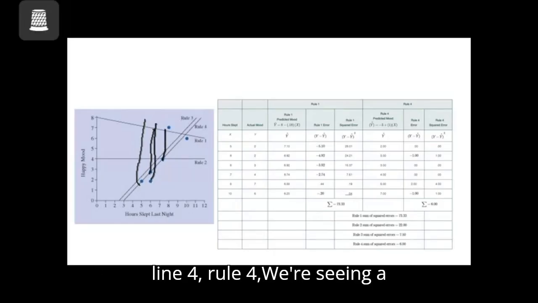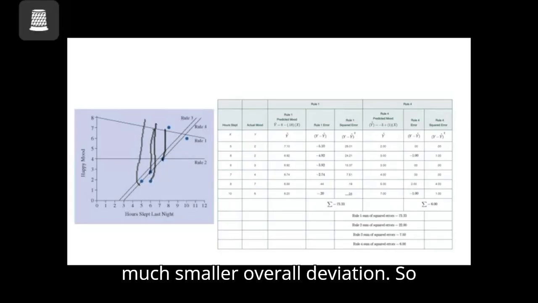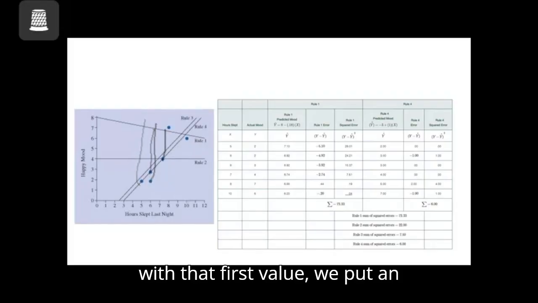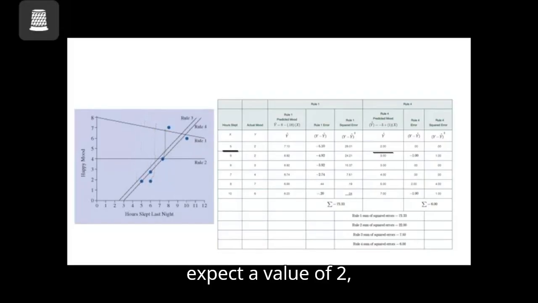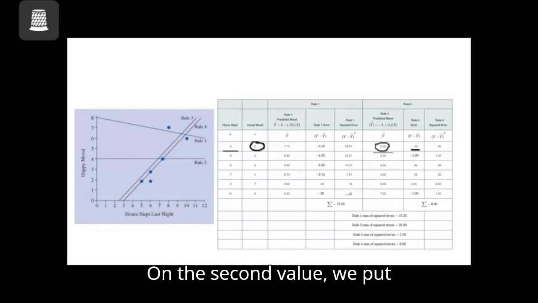Now when we look at line 4, or Rule 4, we're seeing a much smaller overall deviation. With that first value, we put in an x value of 5, we expect a value of 2, and we get an actual value of 2. So there's no deviation. On the second value, we put in an x value of 6.